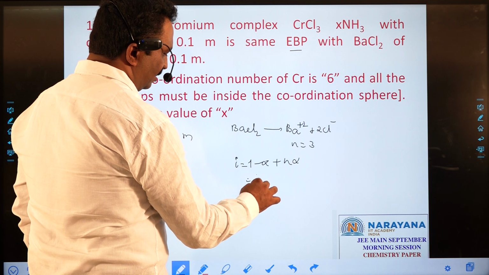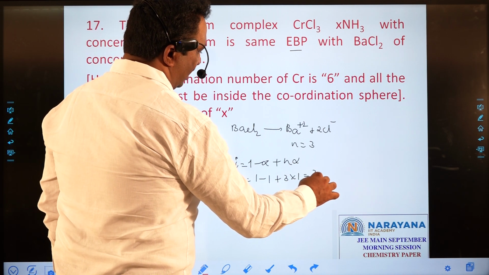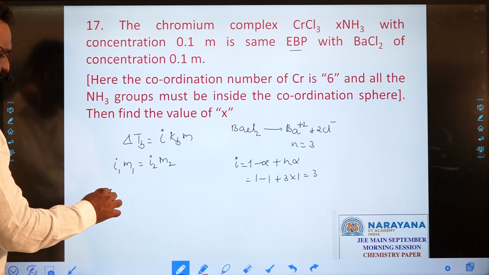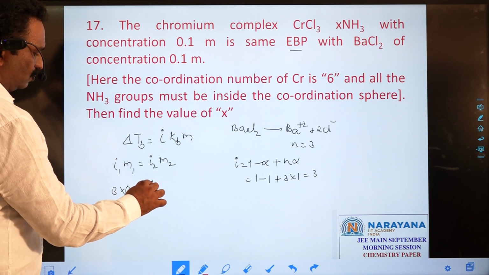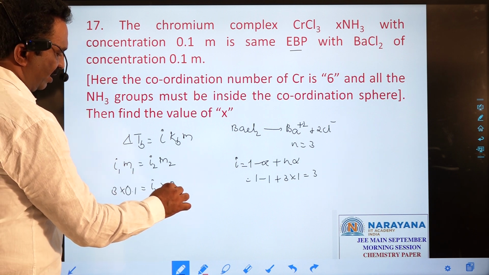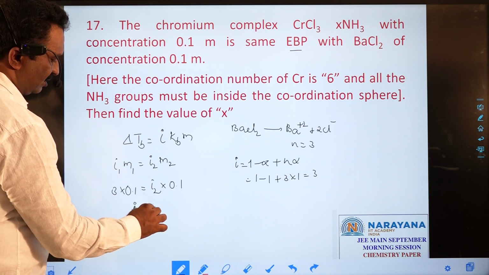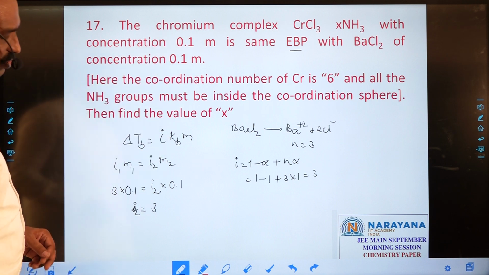If alpha is 1, so i value is equal to 3. And now you can see 3 into 0.1 is equal to i2 into 0.1. So i2 value is 3. i value for complex is also 3.